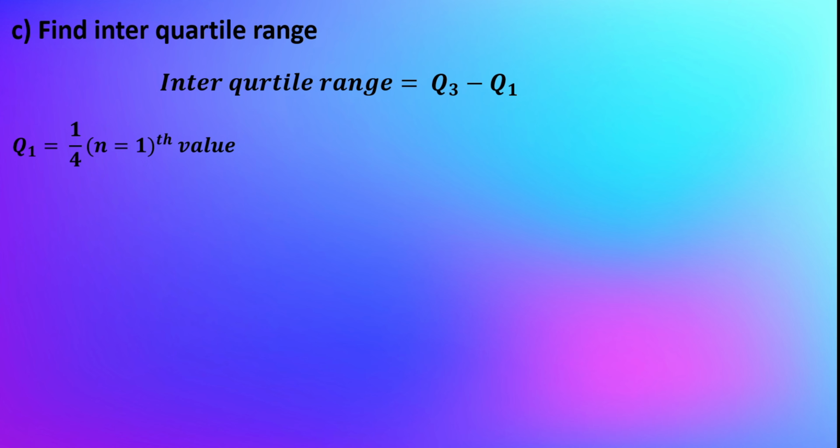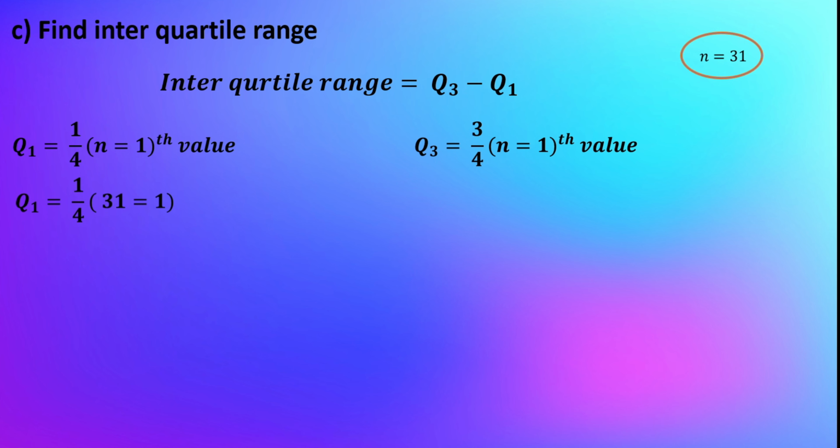So now moving on, we have to know that to calculate Q1, we use this formula again. It's just the same, but 3/4 instead of 1/4. So let us recall that our n is equal to 31, and plug in the numbers here. We got our 7.5th term.